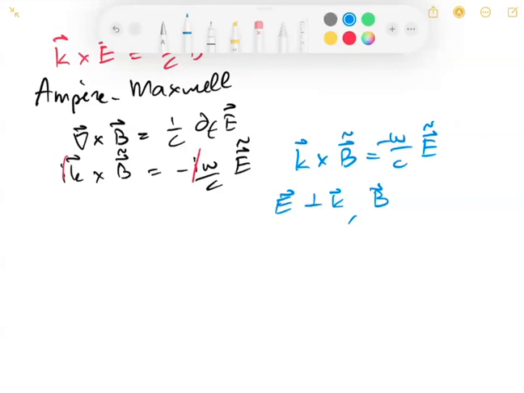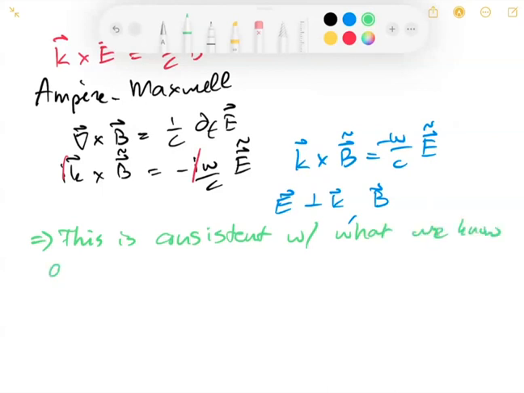So this is consistent with what we know about EM waves being transverse in nature. Okay.